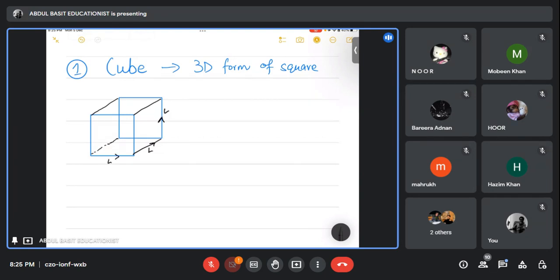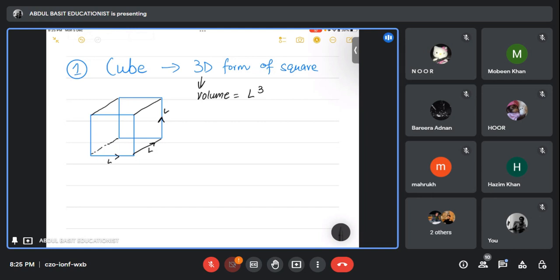As I say, it's a 3D form of a square. A 3D form has volume, the capacity to store something. So the volume of the cube is length cubed.